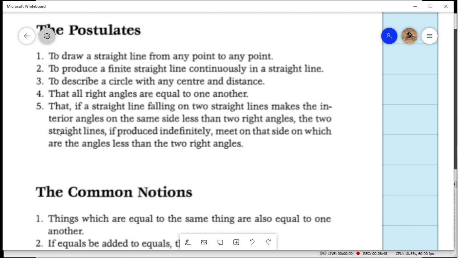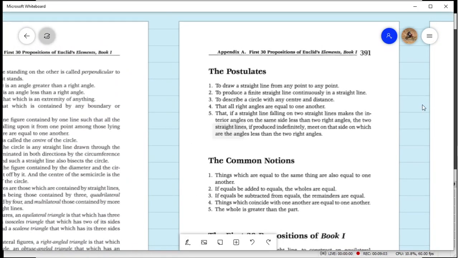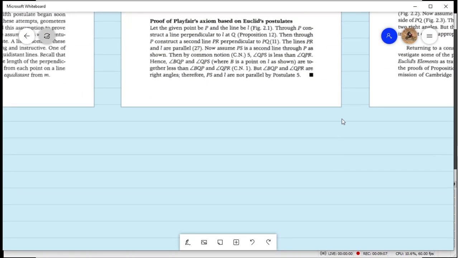It mentions interior angles on the same side of the transversal. It mentions right angles. It mentions non-parallel lines. So there are a lot of things involved in the statement of the 5th postulate. So that is what is meant by the 3rd observation.